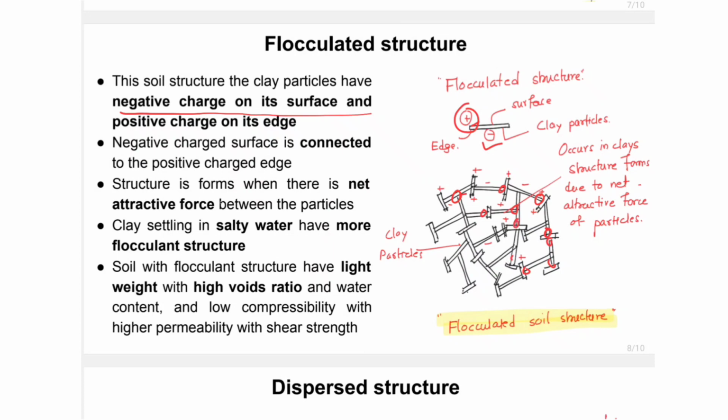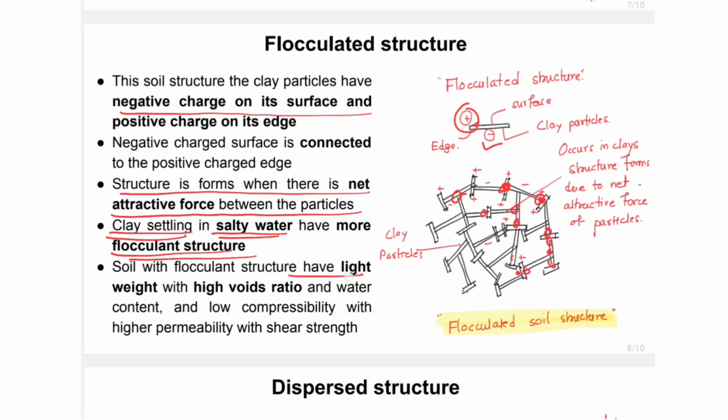The stability of this structure is due to the net attractive force between the particles in the flocculated structure. Basically this structure forms when clay particles settle in salty water. So if the water is salty and clay particles settle in it, then this type of structure gets formed.